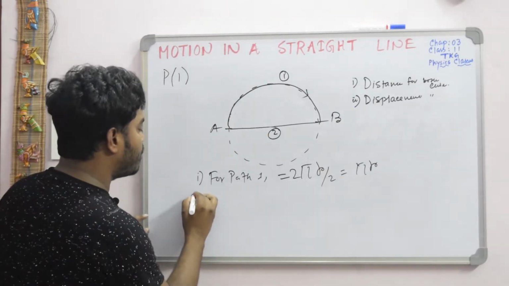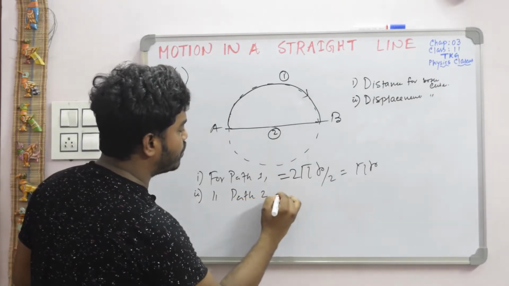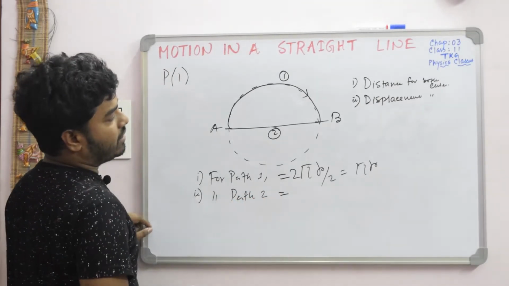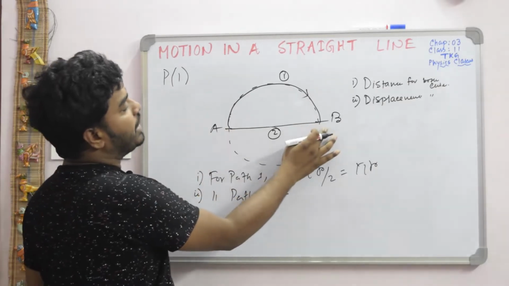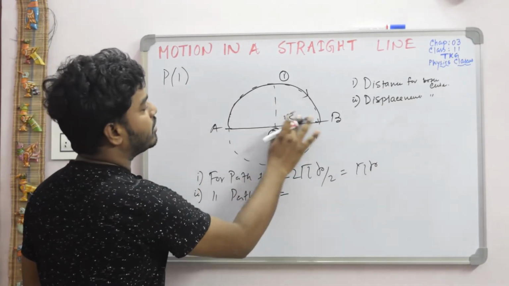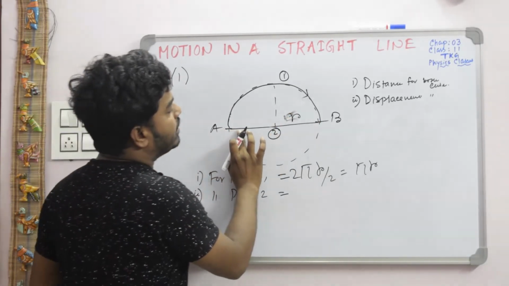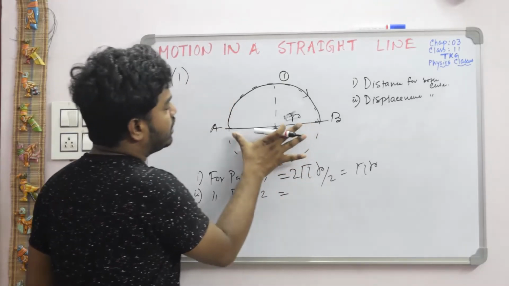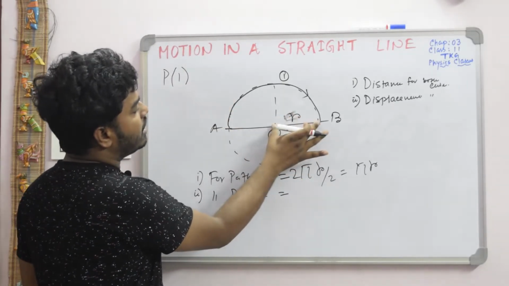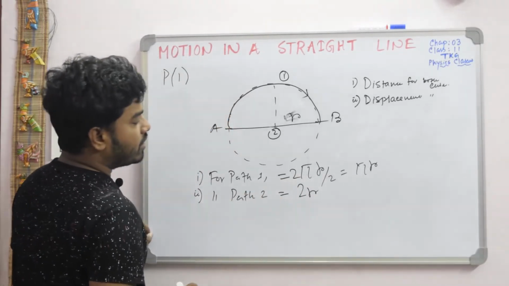Now for path 2, the distance is a body moving from A to B. Suppose the radius is given as r, take the smaller radius. So when a body moves from A to B along path 2, the distance is r plus r, that is 2r.